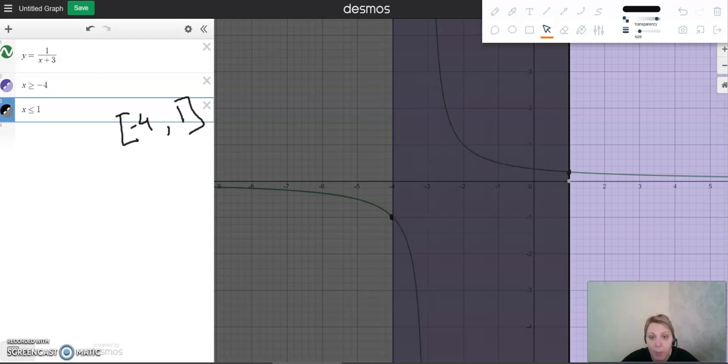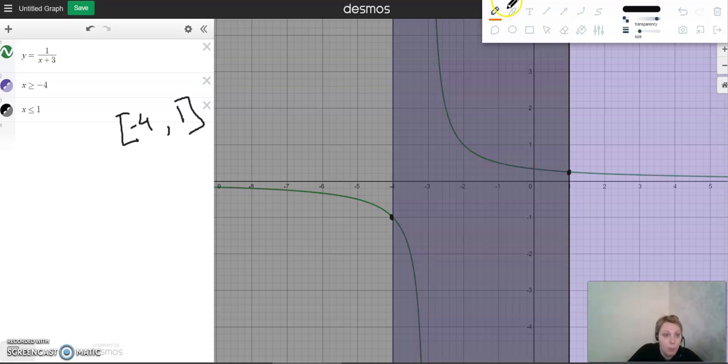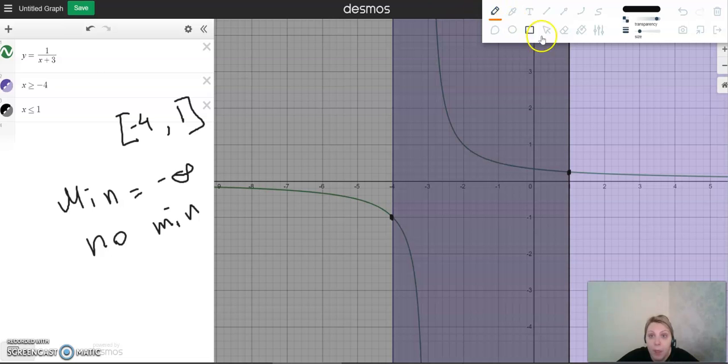So this overlapping region, again, is what I'm looking at. And when I trace this function, it goes on forever to -infinity, which means I have no min. My min is literally -infinity, so no min. Well, what about my max? This other edge of this function goes all the way to +infinity.